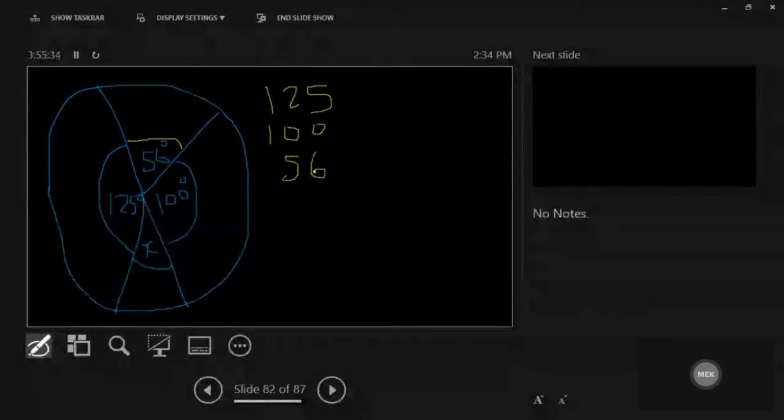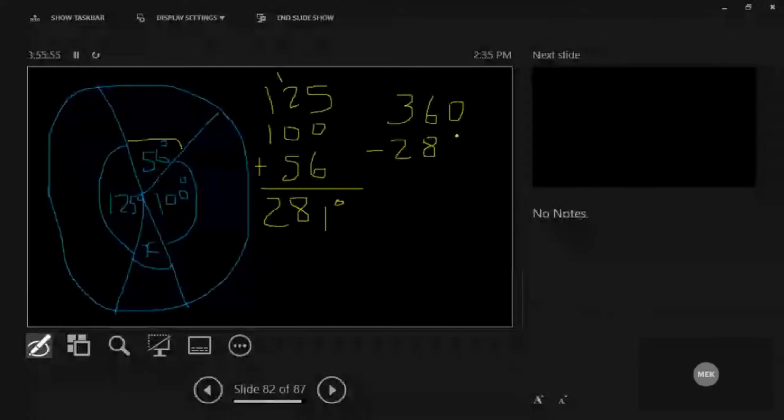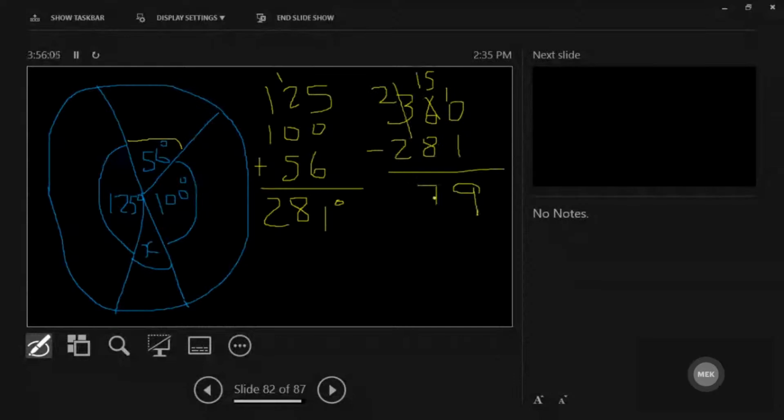Add them up. All right, so that's going to give what? 281 degrees, and take it from the 360 to find x. Take it away from 360. So that gives 9, and that gives 7. So x is 79 degrees.